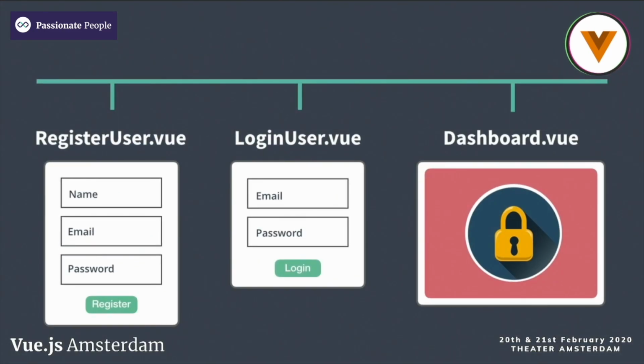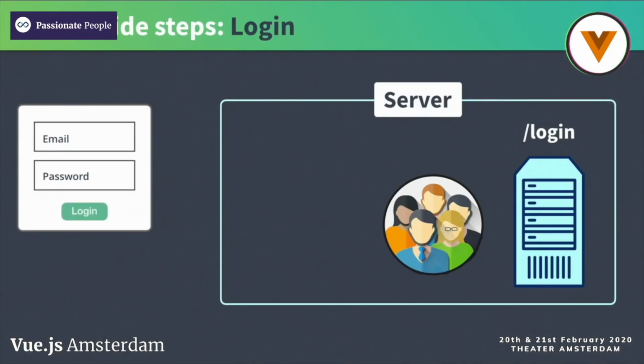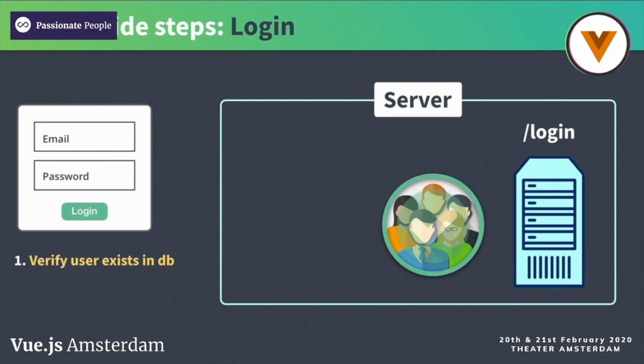So far we've looked at the register component along with the dashboard. So let's look specifically at the login component. Again, to review, we kind of already did this in the register, but we need to do it separately as well. We need to verify that the user exists in our database.